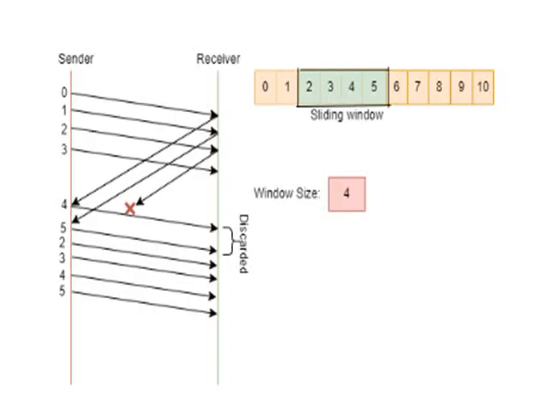Even though 2, 3, 4 and 5 have been sent already, we have not received the acknowledgement for the 2nd frame, so we move back to the 2nd frame and retransmit 2, 3, 4 and 5. The frames which have been sent already will be discarded.